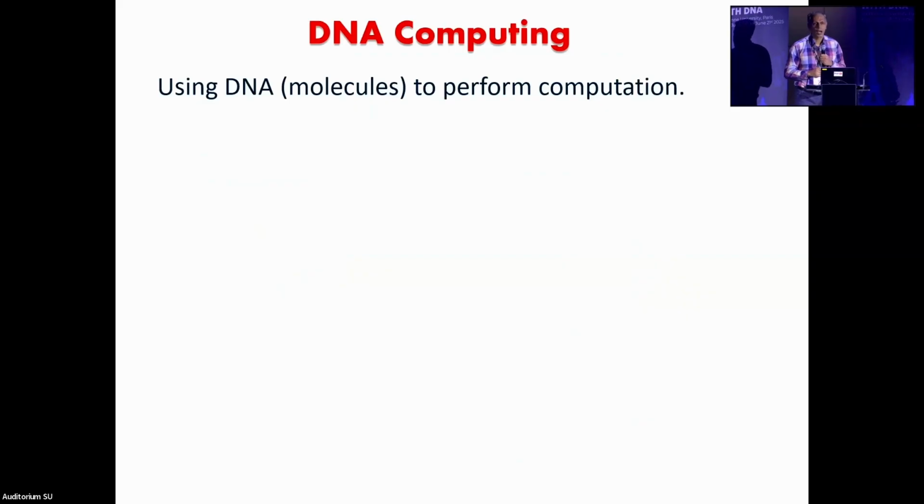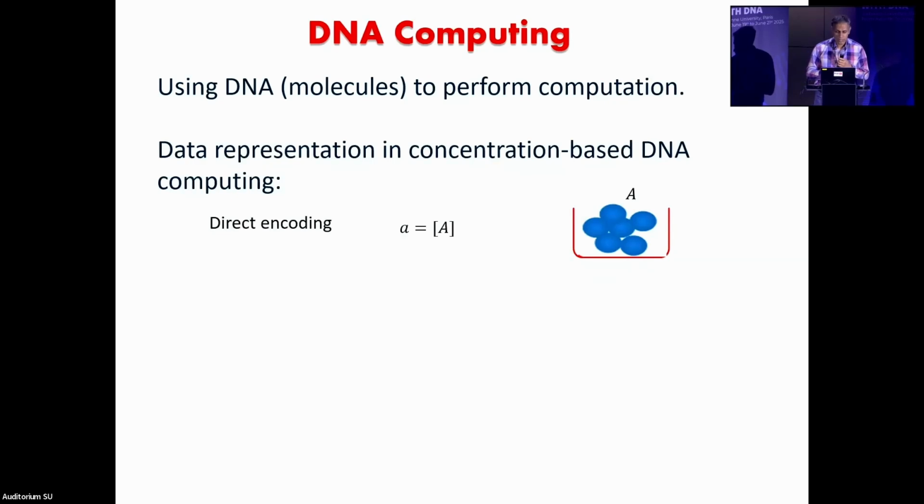So now I'm going to talk about DNA computing. I guess you know that DNA computing means that we perform computation by DNA molecules. And there are different types of computations, but for concentration-based DNA computing, we can represent the numbers that we have based on the concentration of molecules, actually DNA molecules.